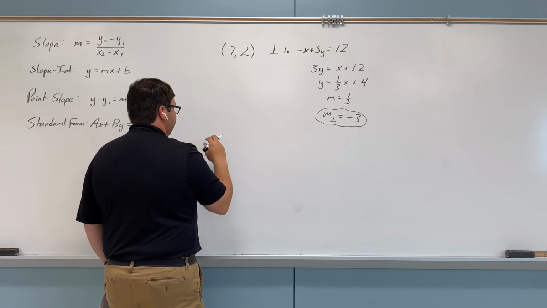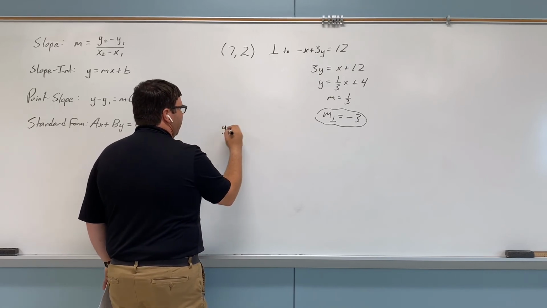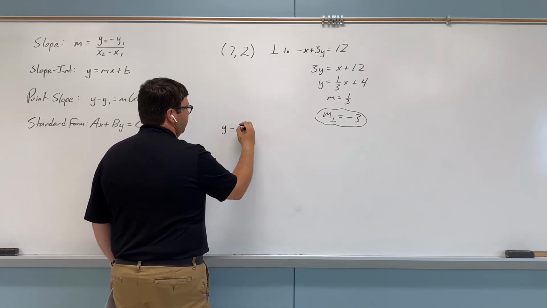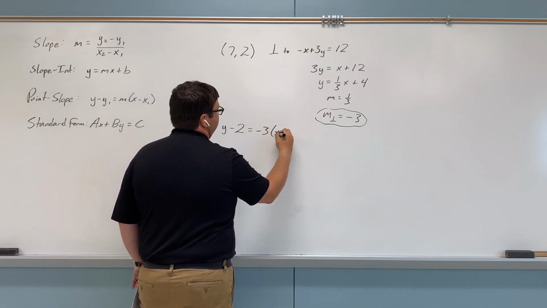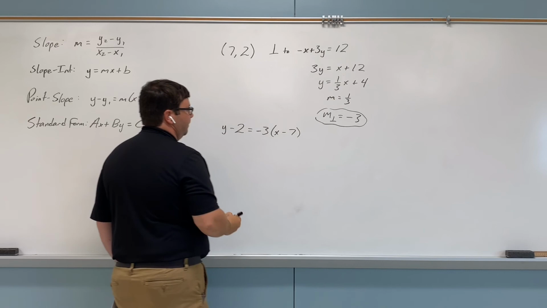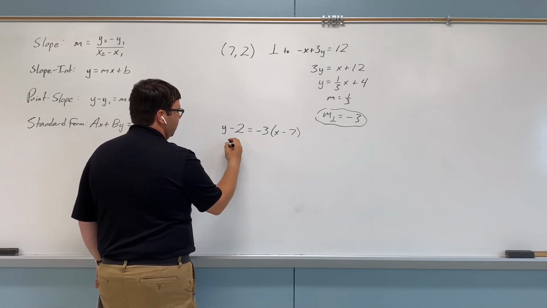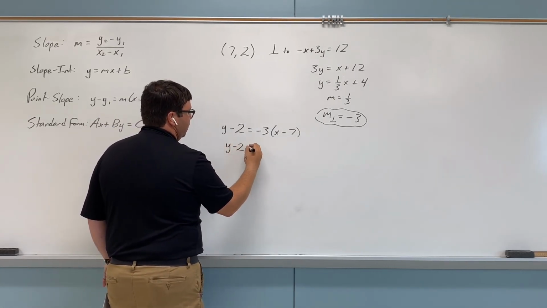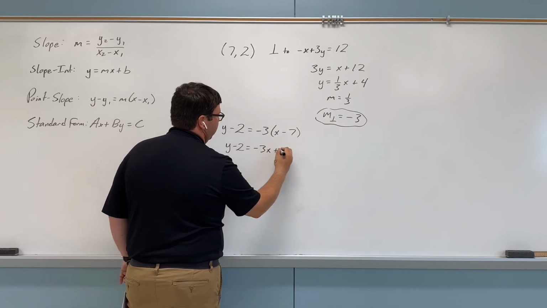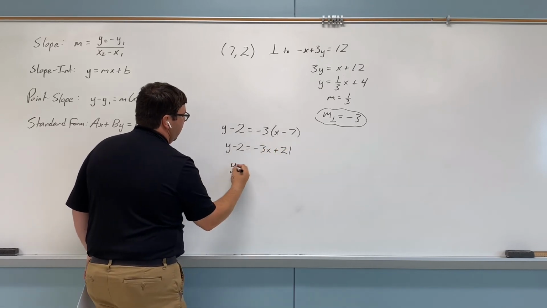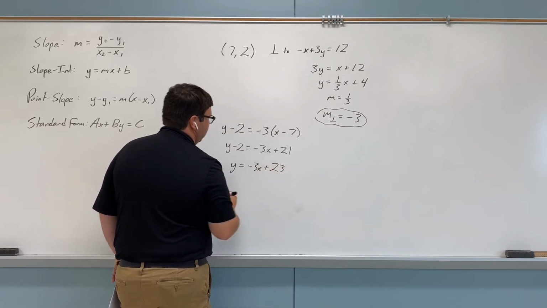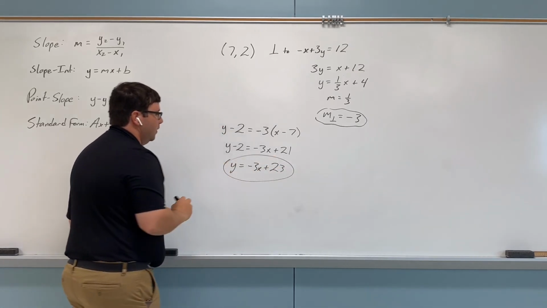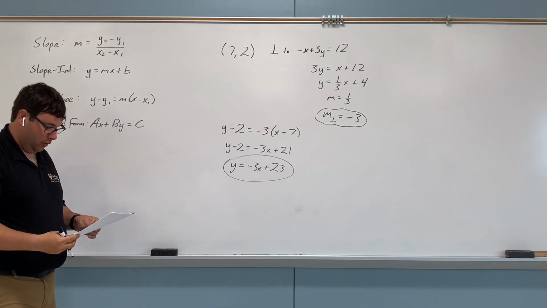Go back to point slope form. Y minus 2 is equal to a negative 3 times x minus 7. Go ahead and do this. You have y minus 2 is equal to a negative 3x plus 21. Y is equal to a negative 3x plus 23. And there is your equation.